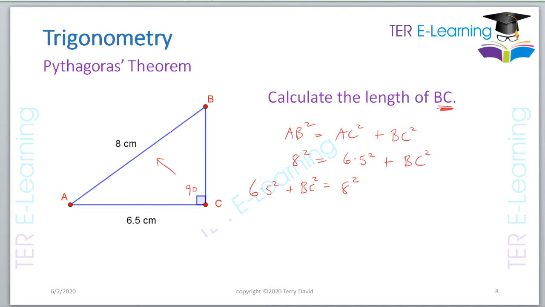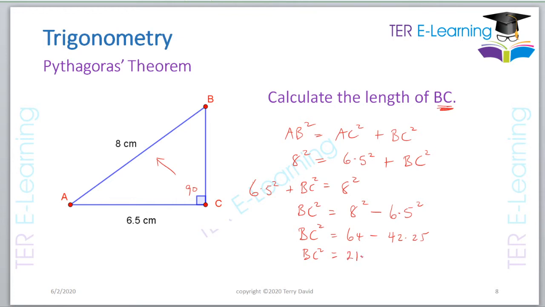All right. Now we can start to manipulate the equation. So we can say BC squared is equal to 8 squared minus 6.5 squared. Right. So now we're going to use our calculator. So 8 eights gives us 64 minus 6.5 squared. So this is 6.5 squared, and this gives me 42.25. So BC squared is equal to 64 take away 42.25, and you're going to get 21.75.